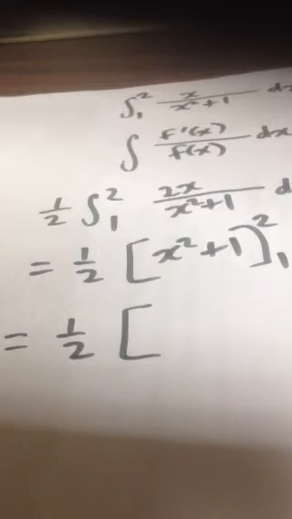So the next line will be, it's equal to a half, open bracket. So anywhere we see an x, we're going to replace it with a 2, and then afterwards with a 1.